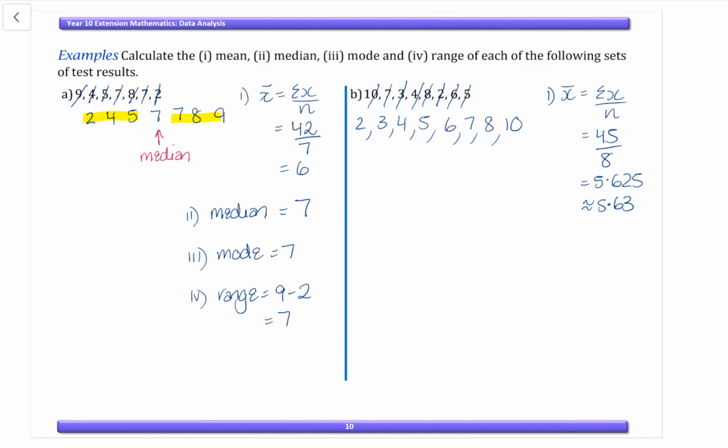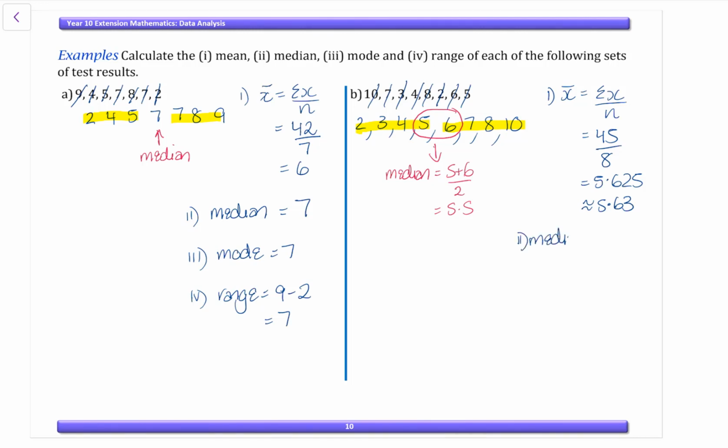To find my median, you can see that I've got 4 pieces of data and 4 pieces of data. So I don't actually have a middle score. So what I do is I look at the 2 middle scores and I take the average of those. So my median is going to be 5 plus 6 divided by 2, which is 5.5.